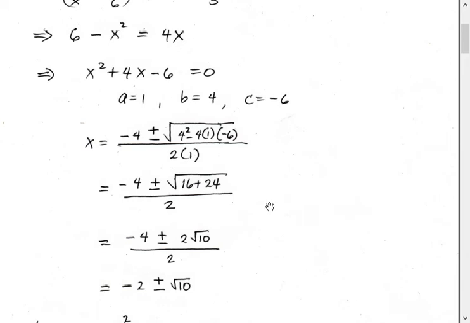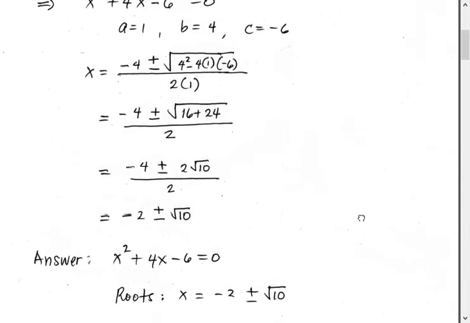Recall the quadratic formula, x equals -b plus or minus the square root of b squared minus 4ac, all over 2a. Plugging in the values, we have x equals -4 plus or minus the square root of 4 squared minus 4 times 1 times -6, all over 2 times 1.